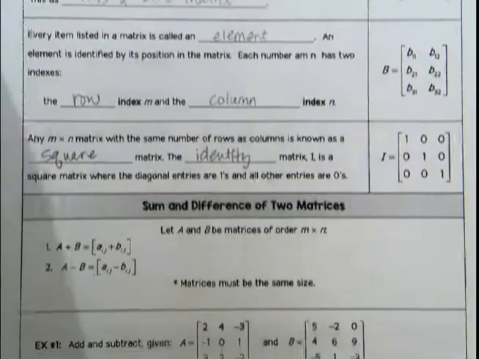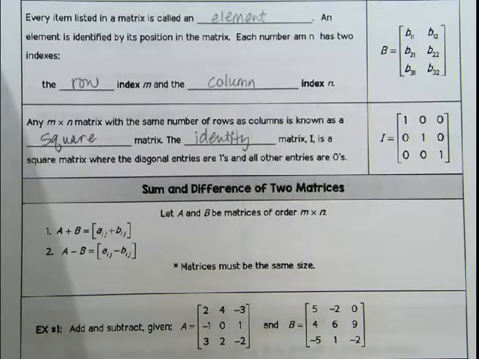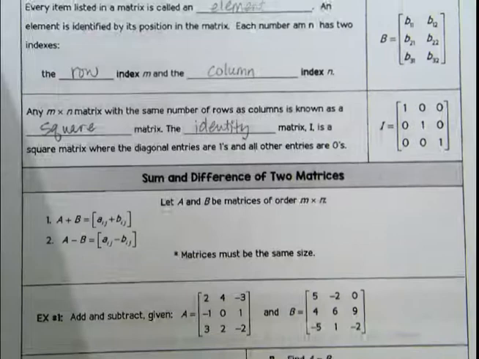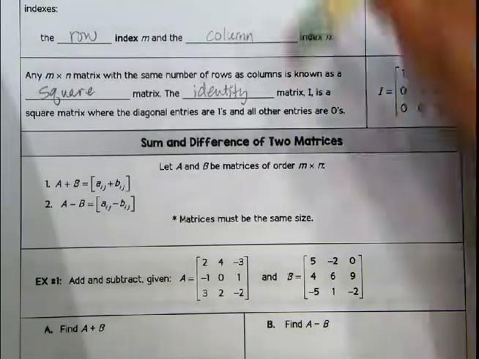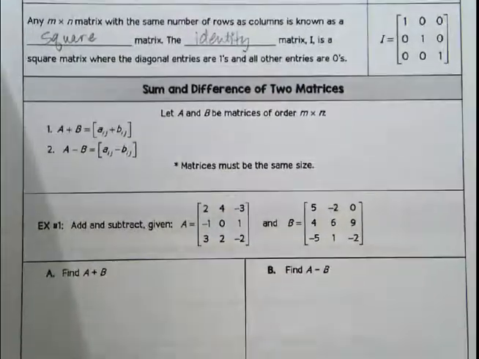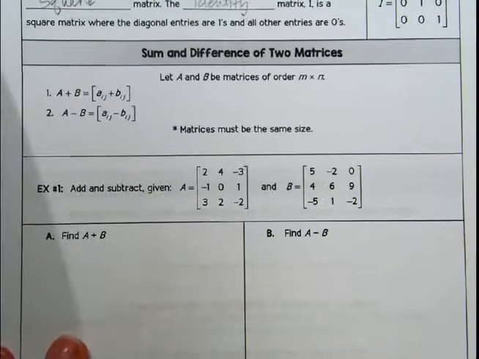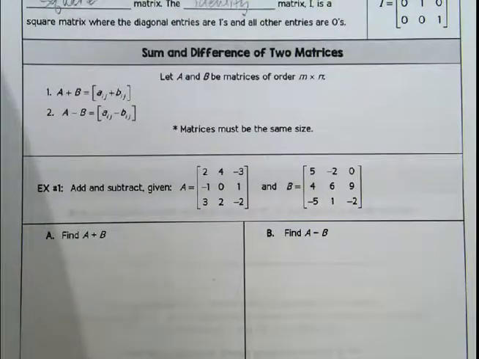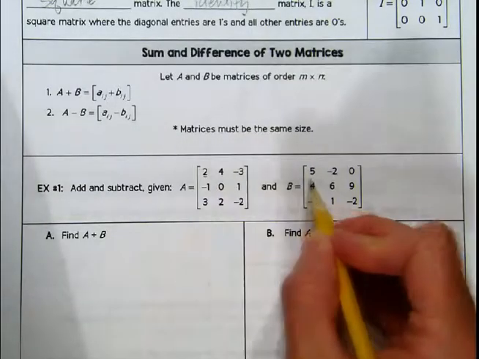Now, you can add and subtract matrices as long as they are the same size. Okay, and you're going to add and subtract the corresponding places. So, like on example 1, we're given A and B, and we're going to add in part A, subtract in part B. When we add them, you're going to add the 2 and the 5.